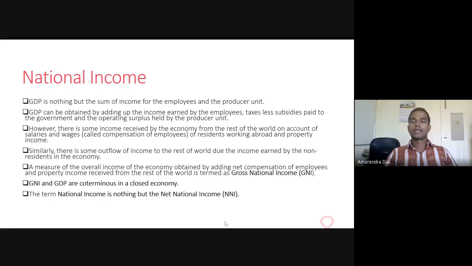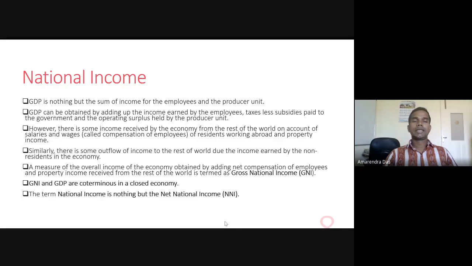That means all the remittances that come from abroad, okay, and similarly all the profits that are repatriated by the Indian companies from abroad, and then similarly we have to deduct all the income that is going out from our country. Similarly, we have to deduct all the profits that are repatriated from our country. So that means your gross national income is basically obtained by adding the net compensation of employees and property income received from the rest of the world. Okay, that is basically gross national income.